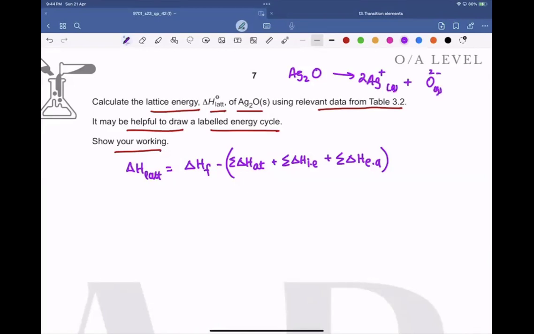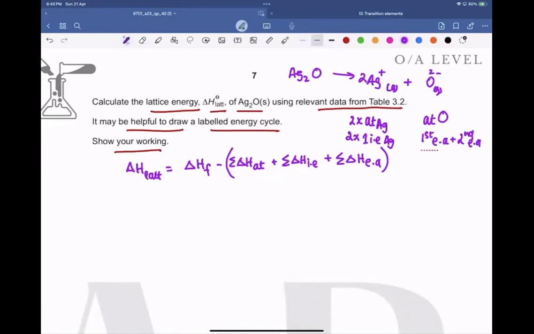So from here you get to know what you need. You need twice the atomization of silver and twice the first ionization energy of silver, because there are two units. You need only the atomization of oxygen because it's 1 mole, and you need the sum of first and second electron affinities for oxygen.